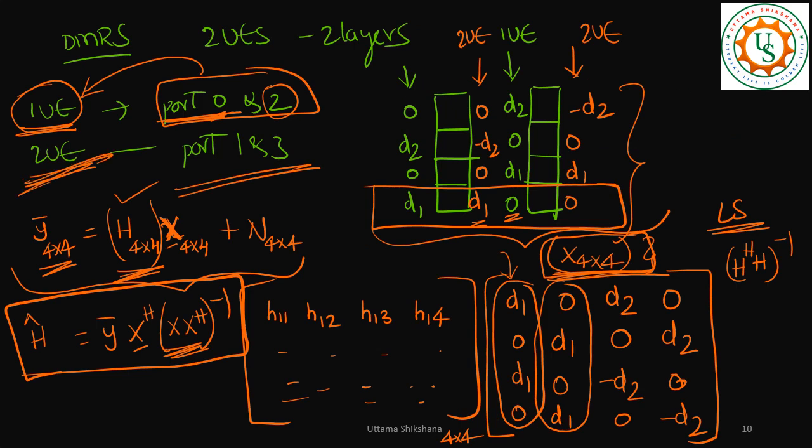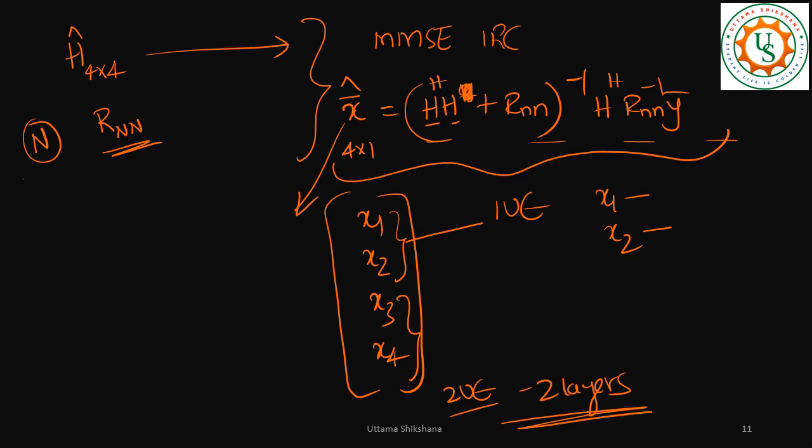Here you can even try to reverse it. You can bring the third column to the first one and the fourth column to the second one. You can swap these columns, and based on the allocations you can still figure out which UE and which layer x1 belongs to.